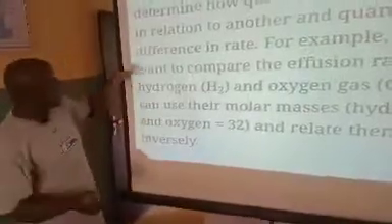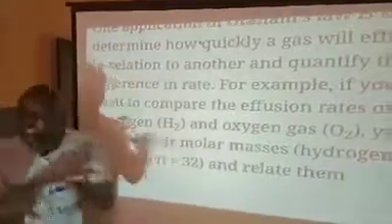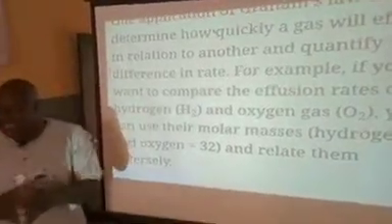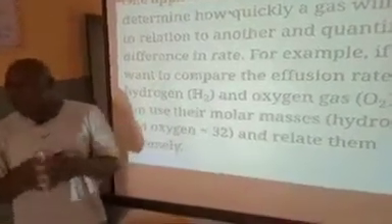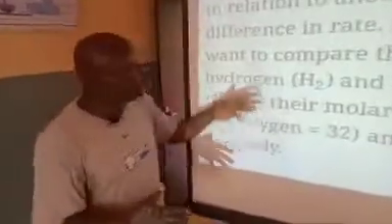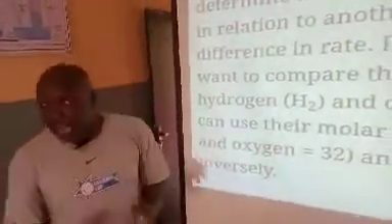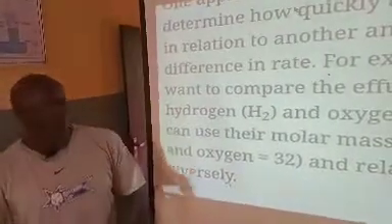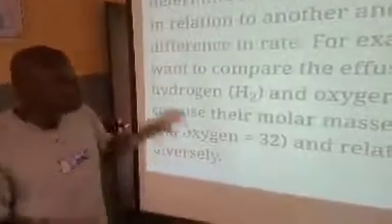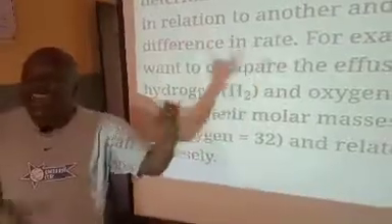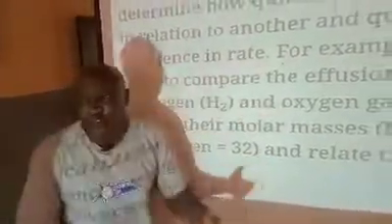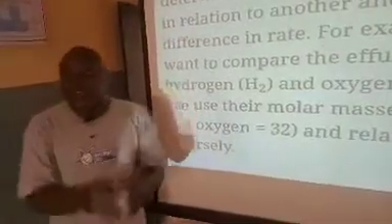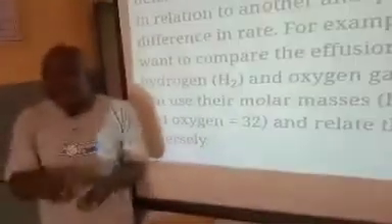Remember what I said, that when we'll be looking at the calculation, we'll be considering 10 formulas that deal with rates and the rate of diffusion and the molar mass of the gas, formulas that deal with rate and volume of the gas, formulas that deal with rate and molar masses of the gases in question. Then also in the 10th formula, we'll be looking at equations 9 and 10 of Graham's law of diffusion that cover the rate of diffusion of the gas when we'll be bringing empirical formula into it.